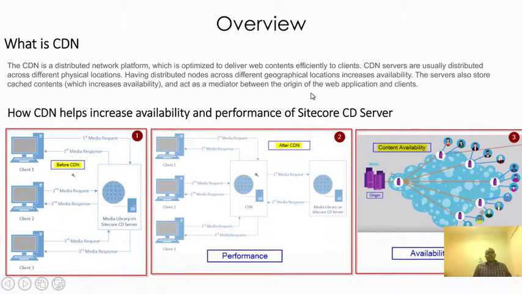If I talk about what a CDN is and why we need to go for it, mainly it is performance and availability. These are the two major factors to consider the CDN. If I look at the first diagram, in Sitecore content delivery, there are n number of requests coming to the content delivery server, let us assume for the media library.